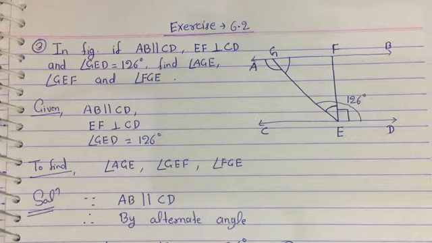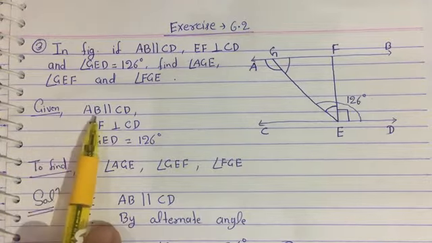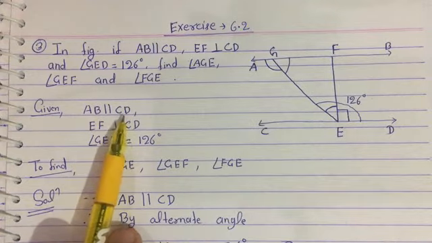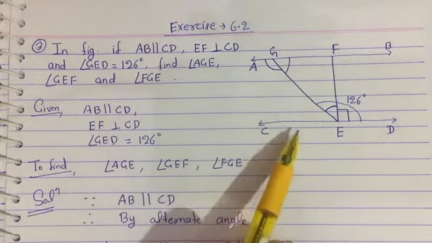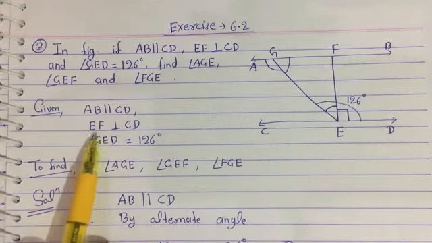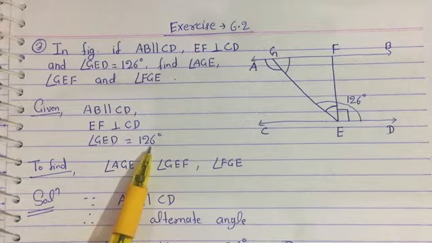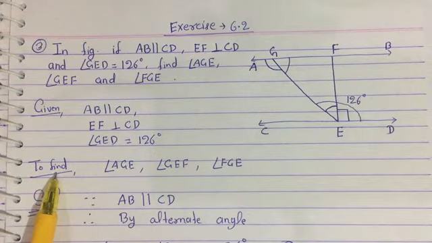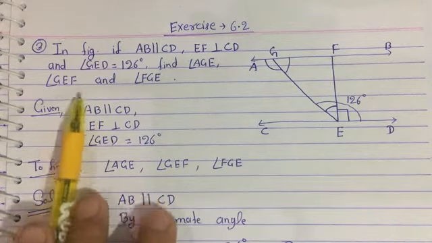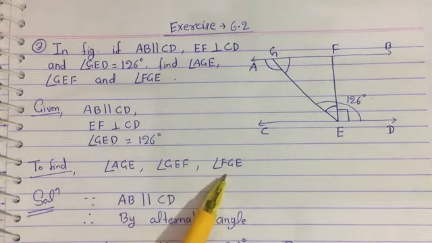So these are important things. Earlier I suggested you look for these things. Now you have to list out what is given. Here it is given that AB is parallel to CD, EF is perpendicular to CD, and angle GED is equal to 126 degrees. And what you have to find? List out these things also: angle AGE, angle GEF, angle FGE.